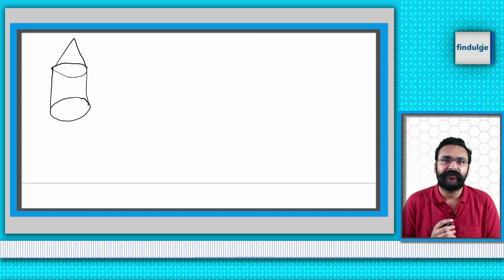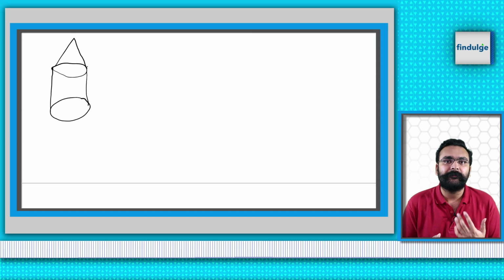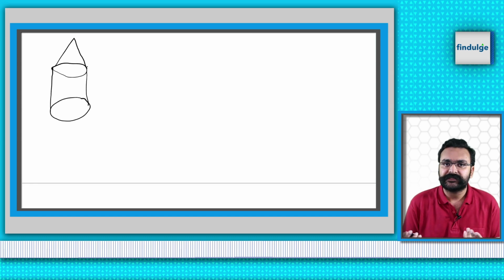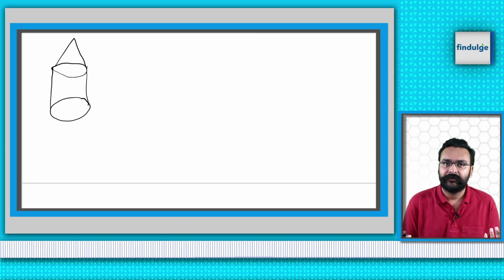We have been asked to find the volume of the tent as well as the canvas required to make the tent. Now what that simply means is, a canvas is nothing but material. It's like kapda, it's like just some fabric.